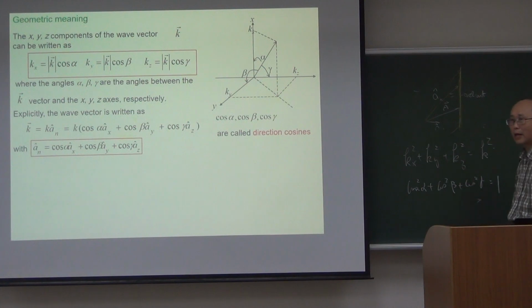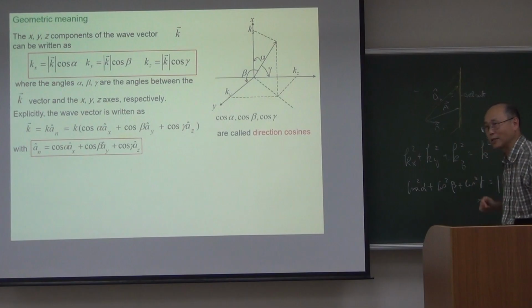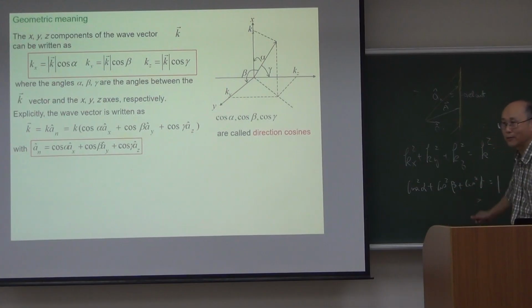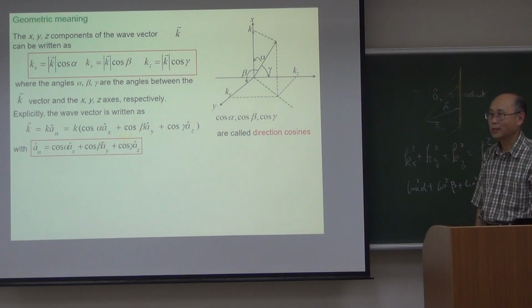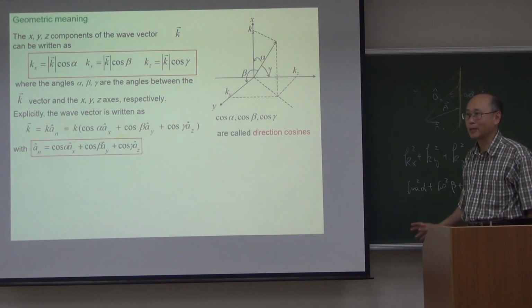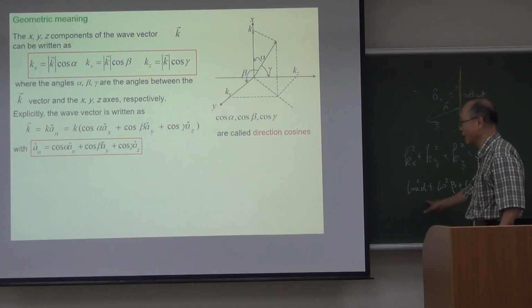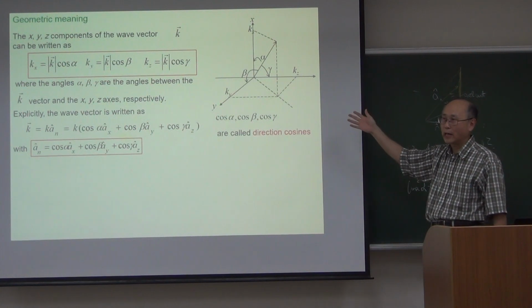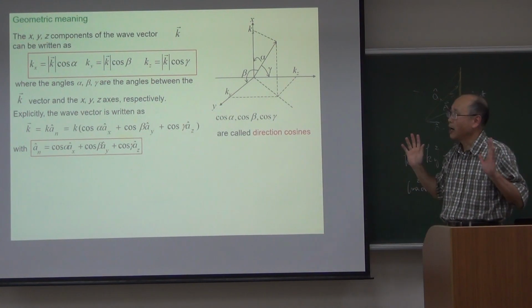So alpha, beta, gamma are not arbitrary. You cannot write arbitrary angles here. This has to be satisfied. So when you define alpha and beta, you need to calculate gamma from this expression. Alright, is that understandable? Alpha, beta, gamma cannot be chosen arbitrarily; you can choose two of them, and the third must be calculated.